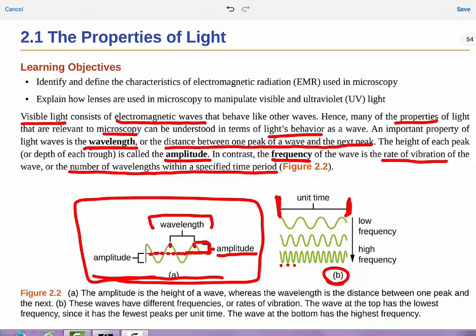If we are talking about a high frequency wave, then you can see down here at the bottom there are many, many waves in that time frame. Talking about medium, there are fewer waves, and then even fewer in low frequency. So we have wavelength, which is from one peak to the next peak. We have amplitude, which is from that middle line up to the top or down to the trough here. And then we have frequency, which is the number of waves in a certain period of time.